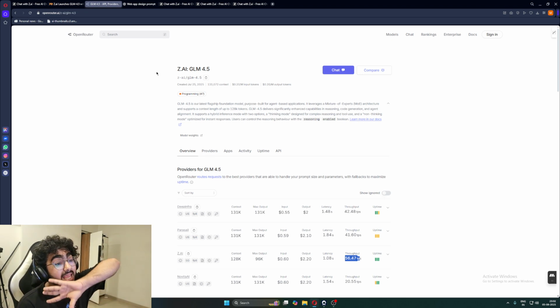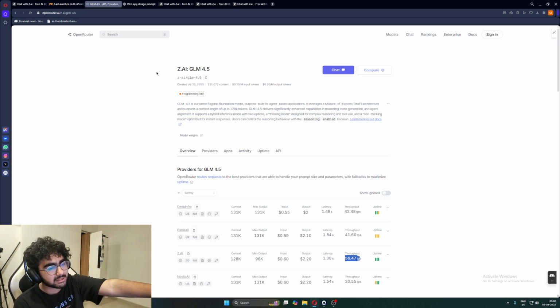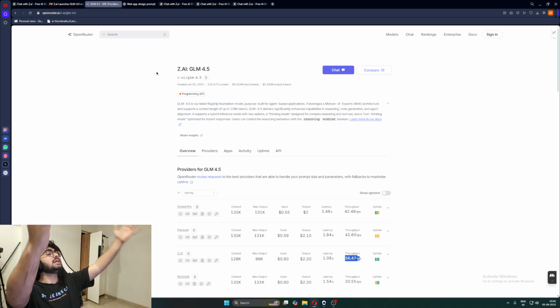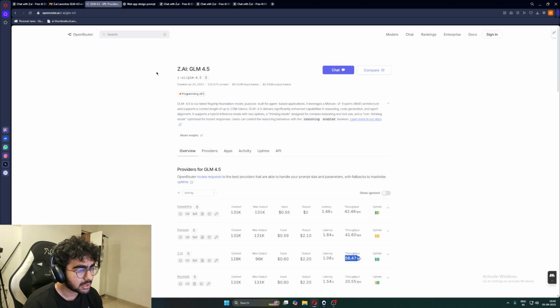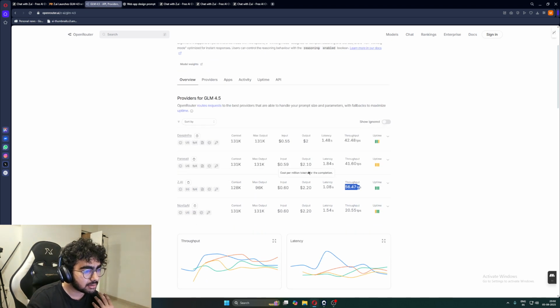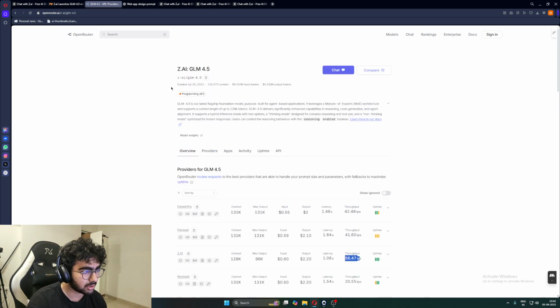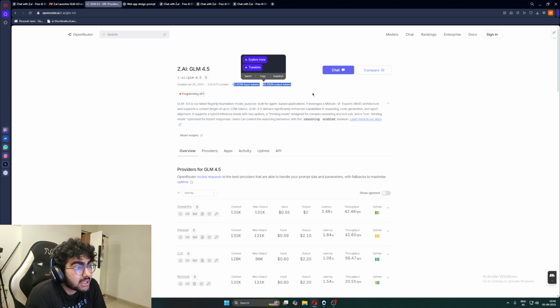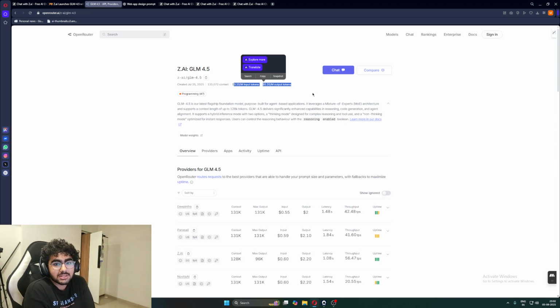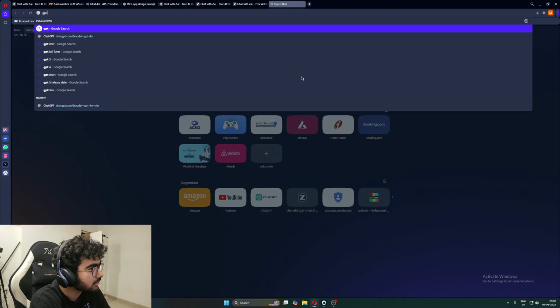This is just incredibly impressive and especially even more impressive for the price. पहली बात यहाँ पे average price is $0.50. On Open Router itself, you can just get it for 20 cents per million tokens. 20 cents per million tokens is like, I think that's cheaper than GPT-4o Mini.